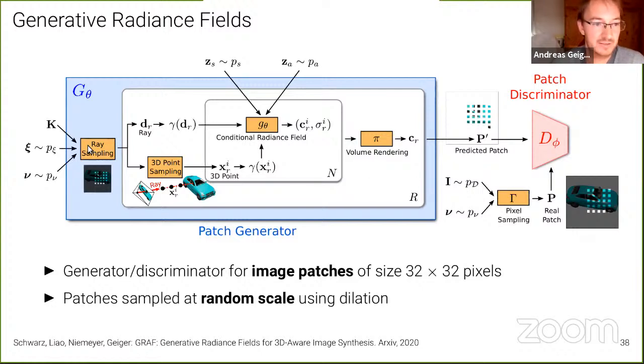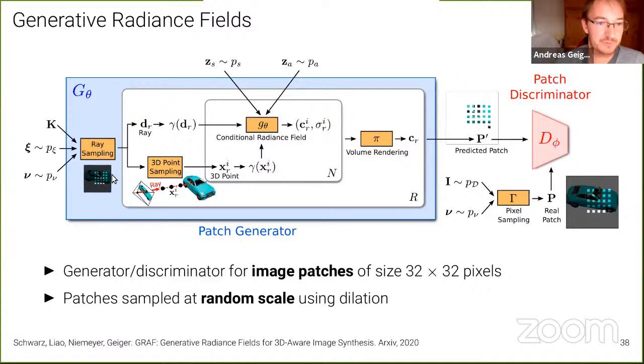So what we do instead is we sample rays based on the calibration matrix of the camera and a sampling pattern. So we sample basically a virtual image on a 32 by 32 grid with certain dilation factors. So we randomly sample the scale that corresponds to the dilation factor here, and the location of that pattern in that virtual image.